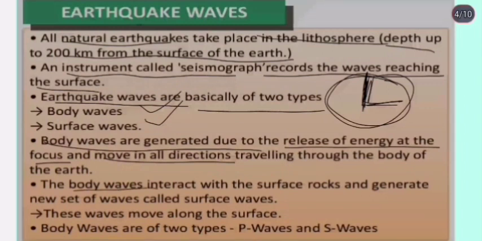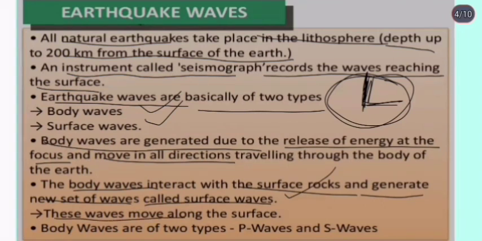The body waves interact with the surface rocks and generate a new set of waves called surface waves. When these body waves come in contact with surface rocks, they form a new set of waves known as surface waves.